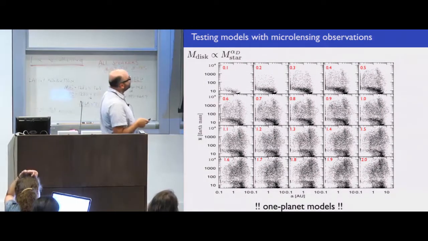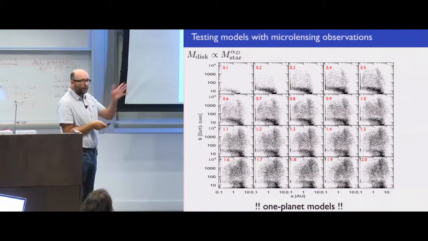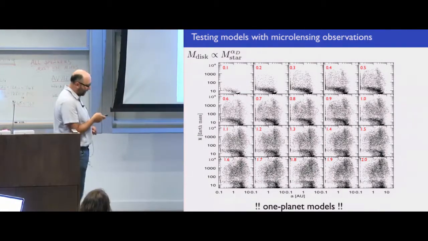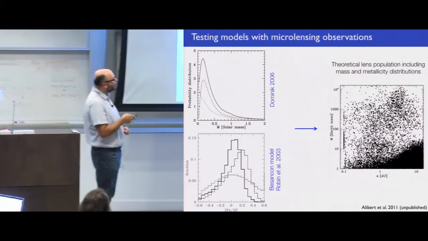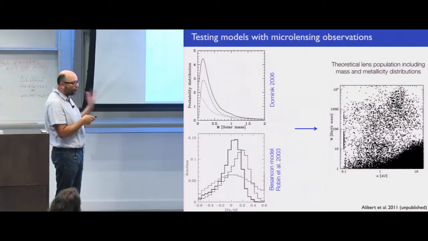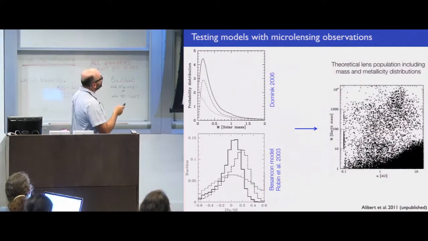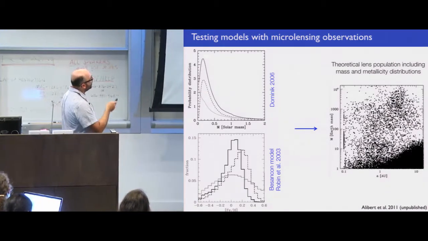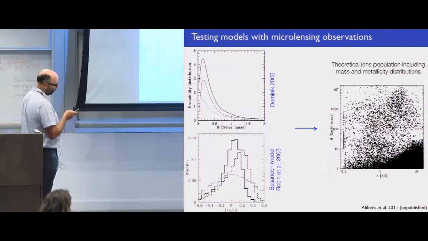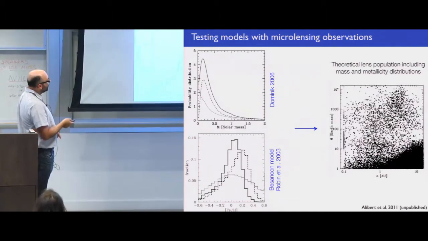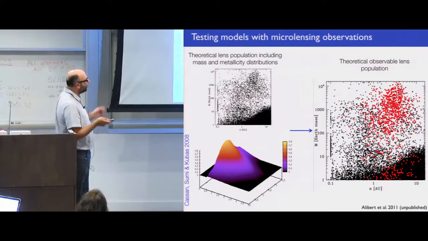But nevertheless, what you can do is to combine these models with the distribution of stellar mass, and then you get this population of planets. So this is the population that should be observed by microlensing if you believe that this is the distribution of the masses of stars, and of course if you believe the formation model.